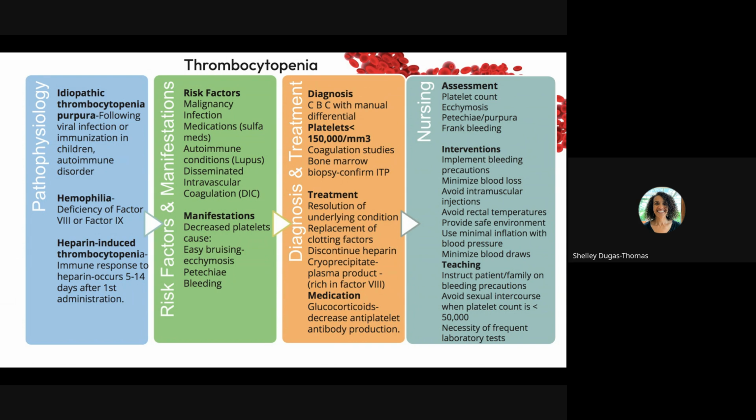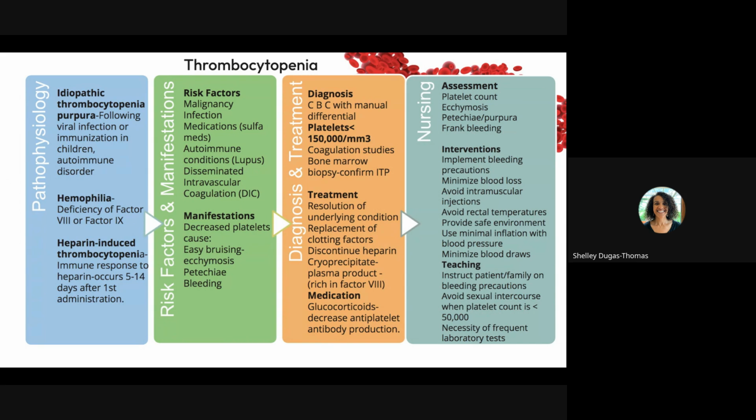Treatment includes glucocorticoid steroids and IV factor replacement. In DIC, we'll talk about that, but you're going to treat the underlying factor. Assessment is platelet counts. You want to look for ecchymosis, petechiae. Interventions are bleeding precautions, avoiding trauma, making sure that you're not giving unnecessary IM injections, and also possibly contraindicated rectal procedures.